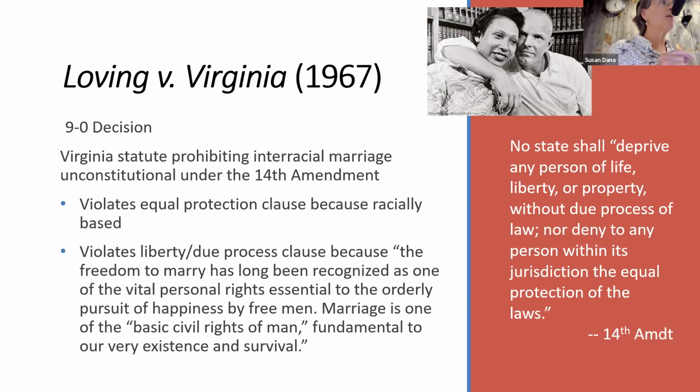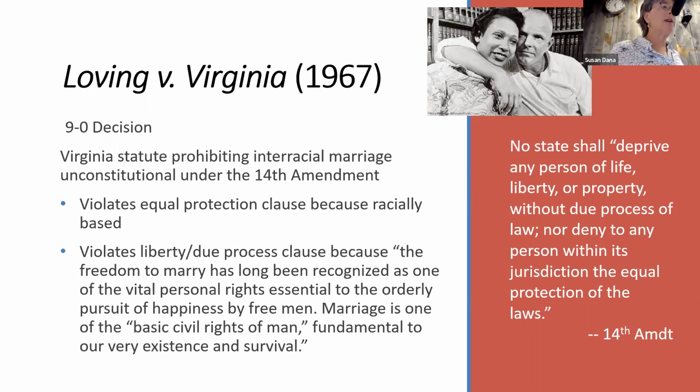That is really important for the right of privacy, because in Loving, the court said that the freedom, the liberty to marry is fundamental to this right of liberty in the 14th Amendment. And therefore, because of the due process of law provision, you can't prohibit people from marrying who they wish, because that's a fundamental liberty protected by the 14th Amendment.